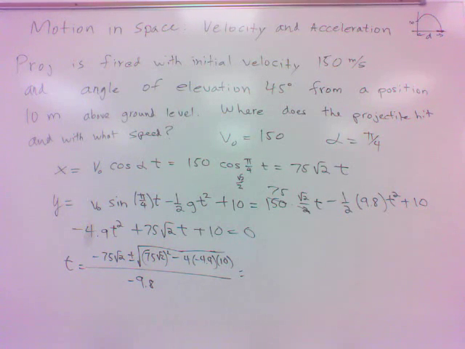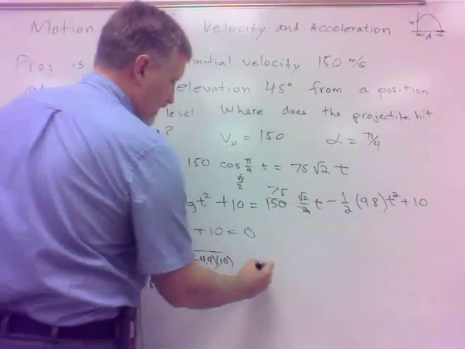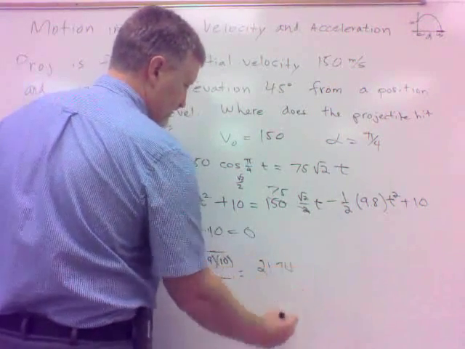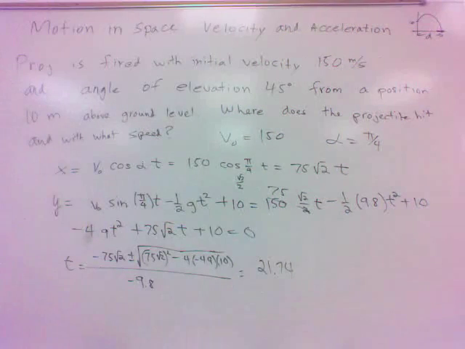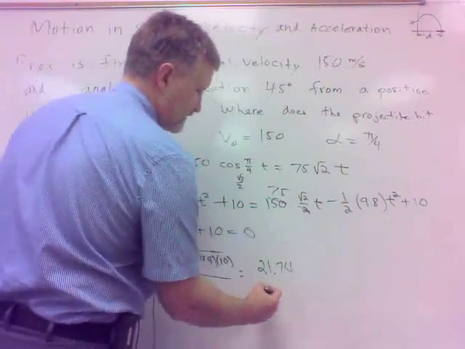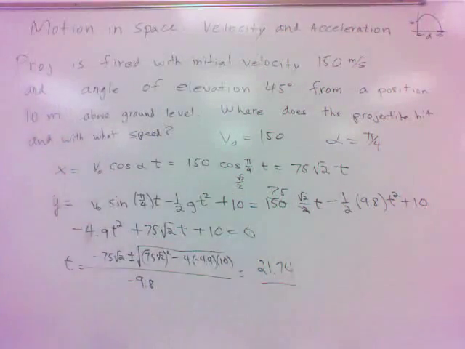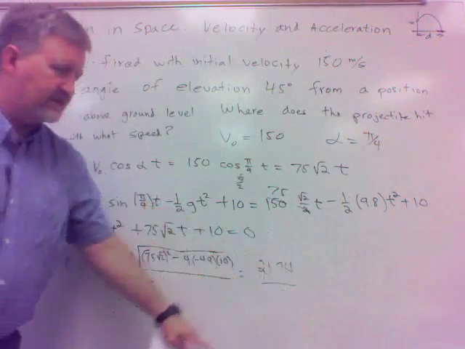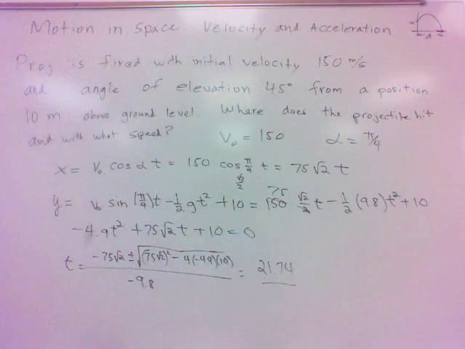What answer do you get? It's 21.74. Yeah, and is the other one negative? You get one positive, one negative? I think you might. I'm saying this gives us two answers, I was just wondering what the other one was.